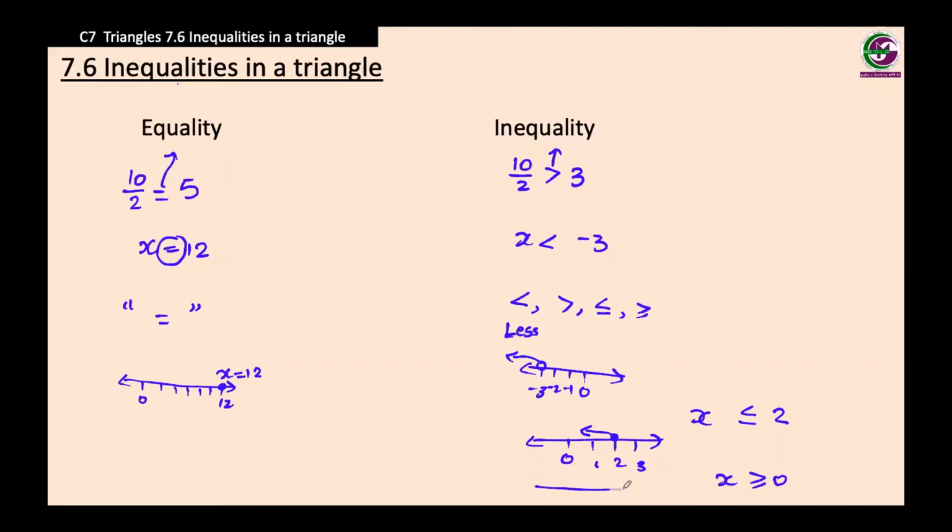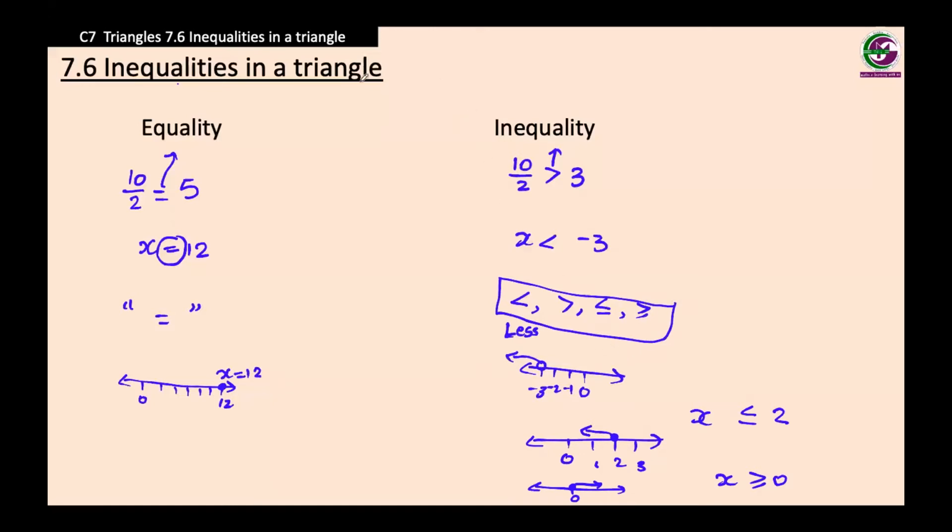So again, we have a number line. We mark 0 and 0 is included. This equal sign shows it is included. Greater than means we go forward. These are all some ideas which will help you to understand what is the meaning of inequality. So basically, inequalities include all these 4 signs.